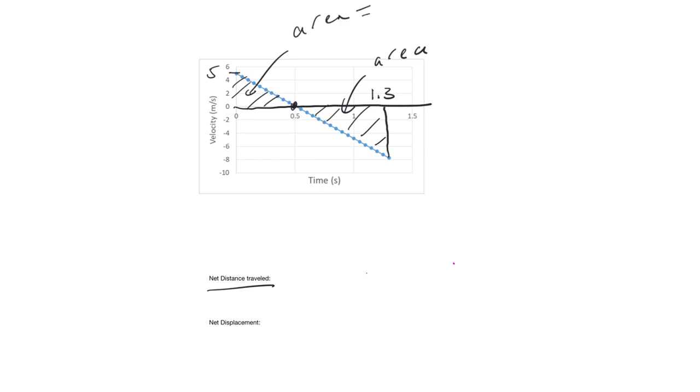Okay, so area of that one is 5 times 0.5 divided by 2. So 2.5 divided by 2 is 1.25 meters. This area is 1.3 minus 0.5. That's the base. 1.3 minus 0.5 times the height, which is really the depth, times 8 divided by 2.